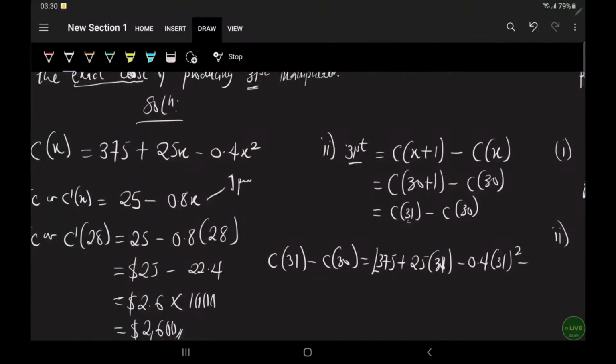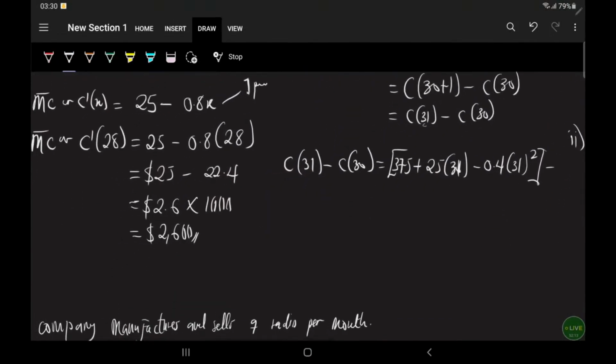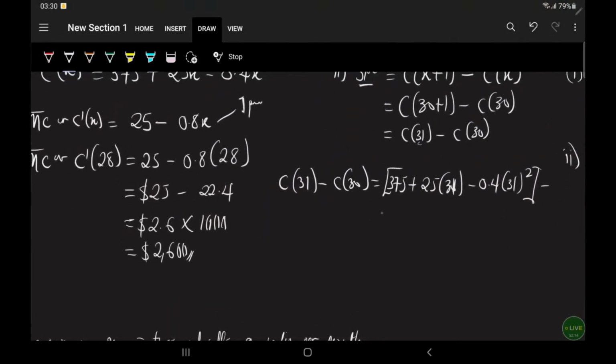Minus, remember we are subtracting, so you should put them in brackets and then you are good to go. Minus 375 plus 25 into bracket 30 minus 0.4 into bracket 30 all squared.